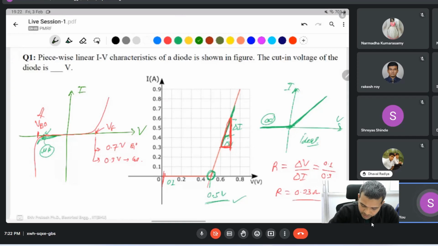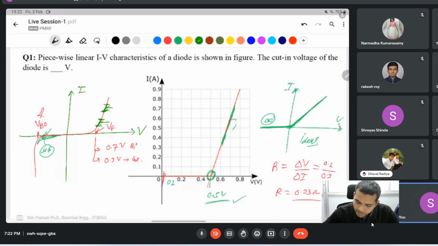In linear characteristics, you find the dynamic resistance easily. But if you have a non-linear characteristic, the resistance will be different and you can't find it easily. That's why we choose a piecewise linear characteristic of any diode or any switch.